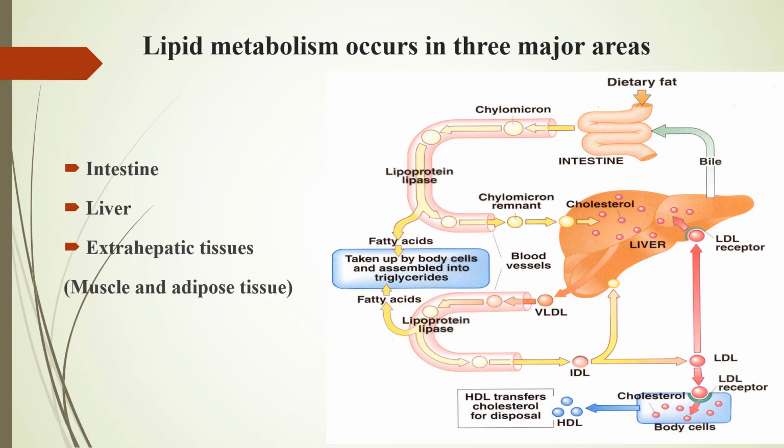Lipid metabolism occurs in three major sites. First of which is the intestine, where the chylomicrons are formed. Second is the extra-hepatic tissues, where lipoprotein lipase acts on very low density and low density lipoproteins, and high density lipoproteins are assembled.